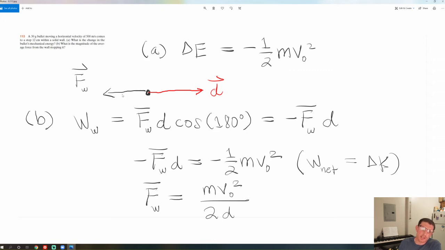So what I want to say is this, right? This is not really anything I have to write down, but just a little discussion conceptually: even if the force is varying, like say it's increasing or decreasing, what we would have to do if it was varying is an integral. But we're okay here because we're actually just asked to solve for the average force, right?